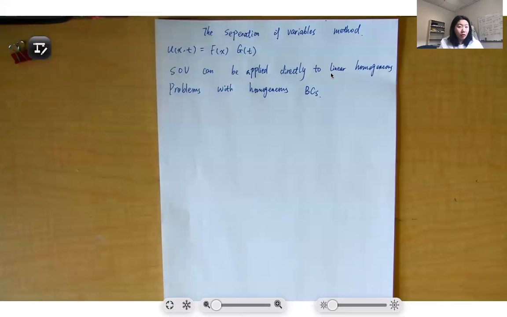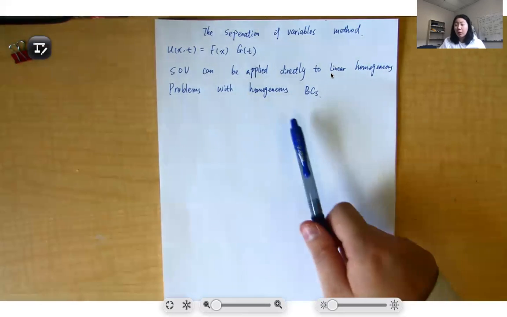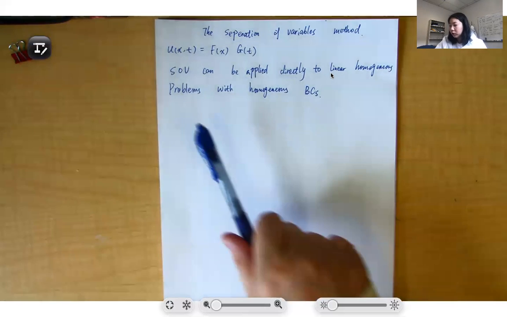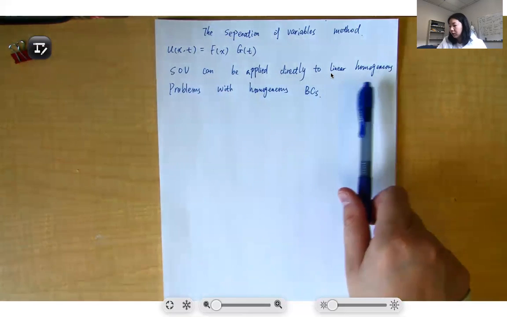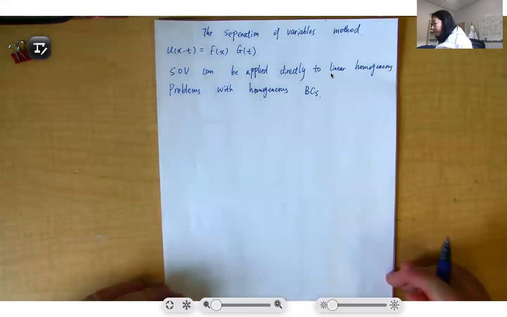Of course, we will talk about some other examples which can indirectly use separation of variables, which don't satisfy the homogeneous problem with homogeneous boundary conditions. But as a simple example to introduce this method, we will follow the traditional SOV, which can be applied directly to the linear homogeneous problem with homogeneous boundary conditions.